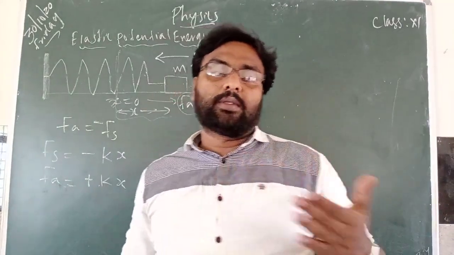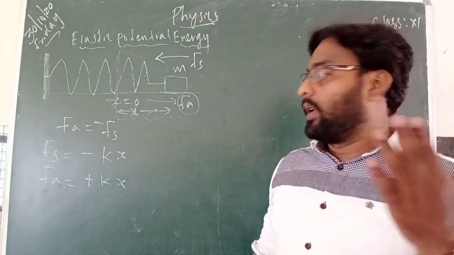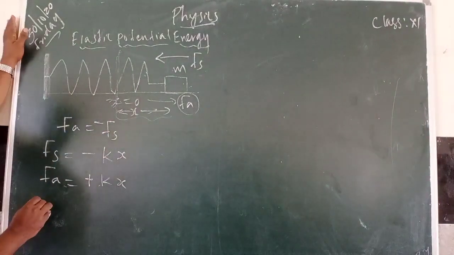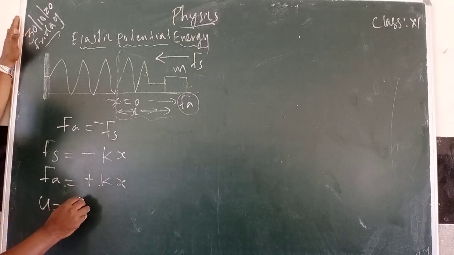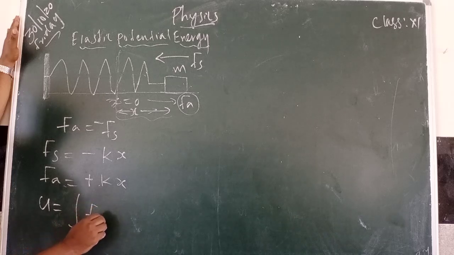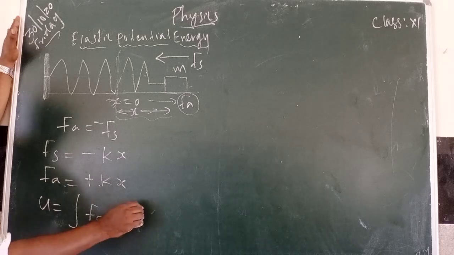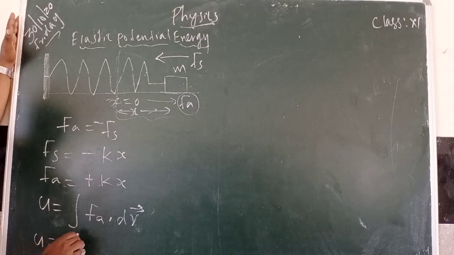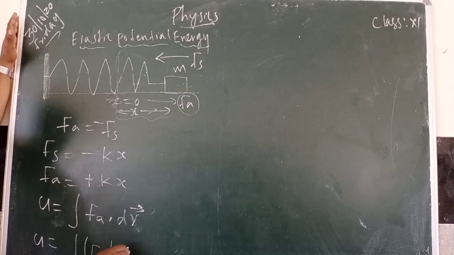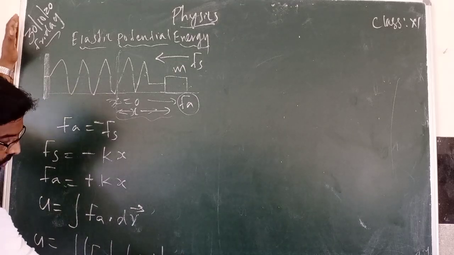So you can use the potential energy formula: U is equal to the integral of F dr. The elastic potential energy we can find from this formula, Fa dot dr. Now we can write this with magnitude: U is equal to the magnitude of Fa dot dr along with its component cos theta.